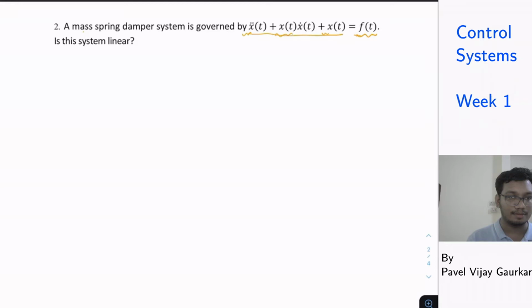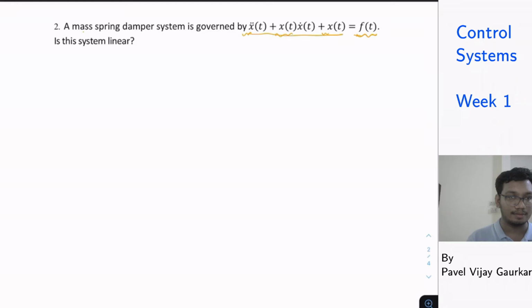All right, there is one simple way to prove this. A simple way to prove whether this is linear or not is to see whether the system is non-linear.